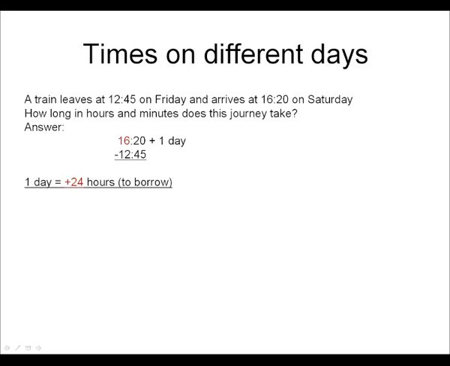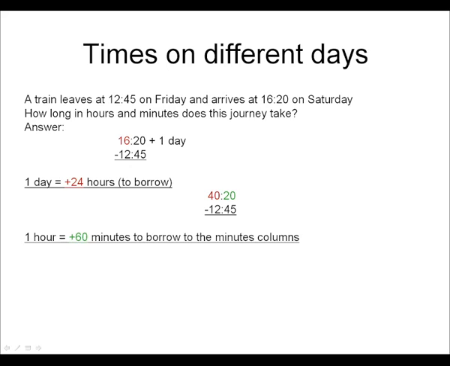So we need to convert that day into hours in order to do this subtraction. Remember that 1 day is 24 hours, so you're adding 24 hours to the hours column. 24 plus 16 gives us 40 hours and 20 minutes, and you're subtracting 12 hours and 45 minutes. Again, 45 is larger than 20, so we need to take 1 hour from the hours column and add it to the minutes column.